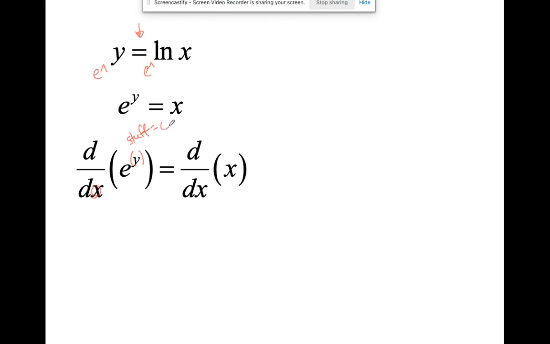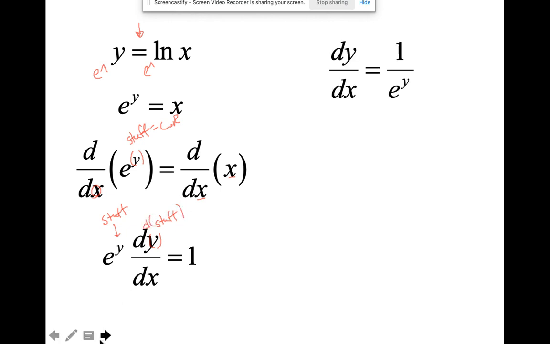The derivative of x with respect to x is just 1. The derivative of e to the stuff is e to the stuff, times the derivative of the stuff, which is chain rule. Then get dy dx by itself. That's called implicit differentiation.